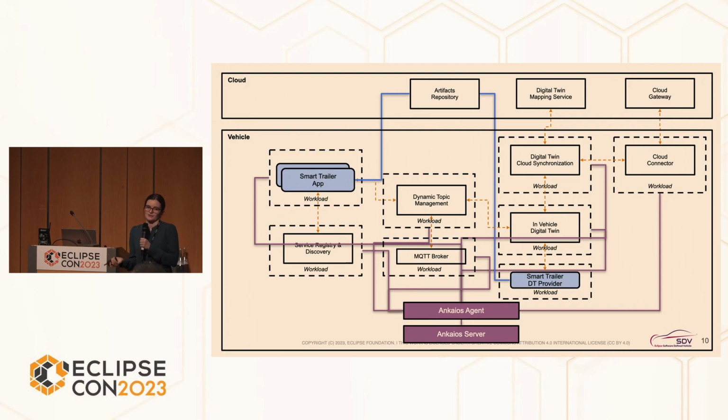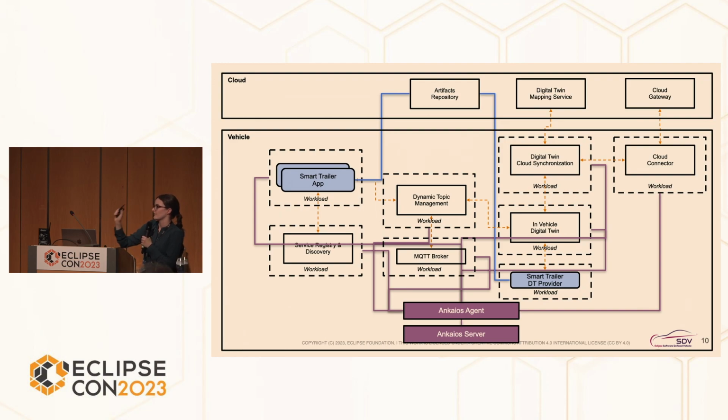That could be expanded to, as I mentioned, something like adjusting the powertrain. This smart trailer app will register itself with our service registry and discovery, that's Chariot. And in fact, most of these components also register themselves with Chariot, and it can be used to discover the other applications where they're running so that you can leverage those capabilities.